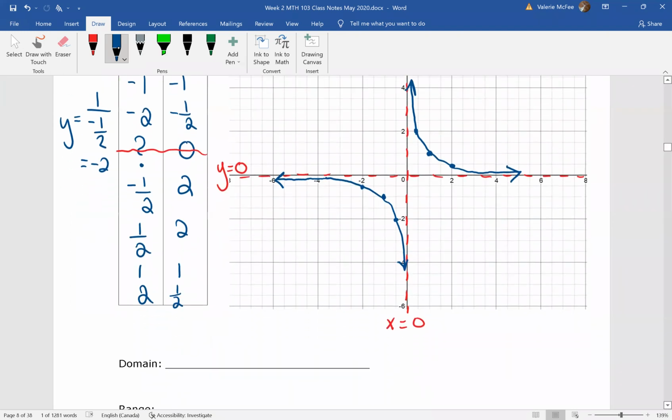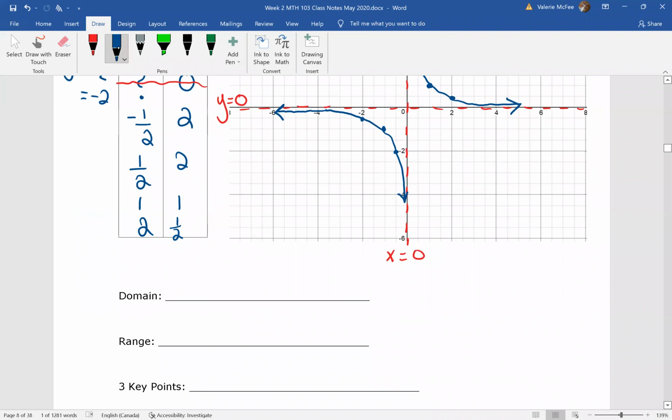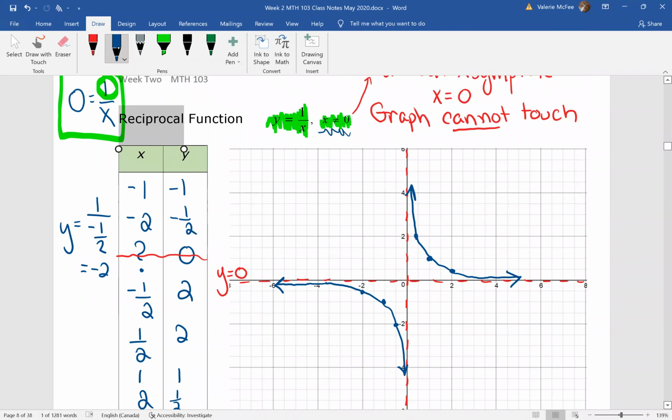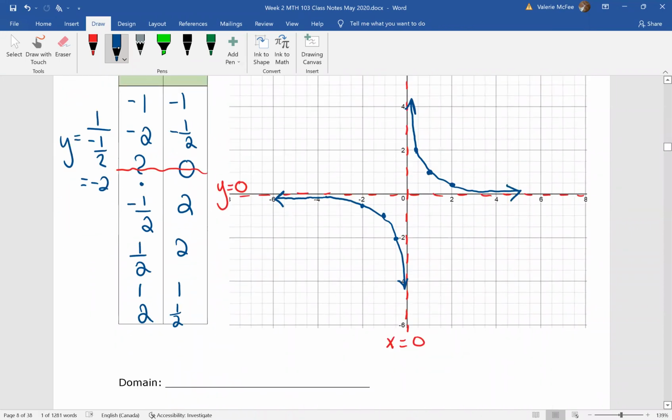So in this case, I wouldn't say we have 3 key points. I would say I have 2 key points at (-1, -1) and (+1, +1), but that we also have a vertical asymptote at x equals 0 and a horizontal asymptote at y equals 0. The domain, well, we know the domain because this tells us that x can't equal 0.